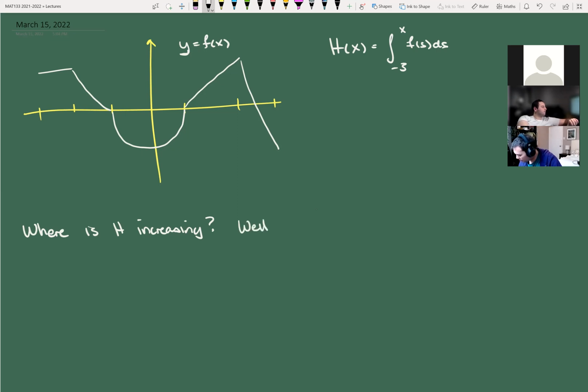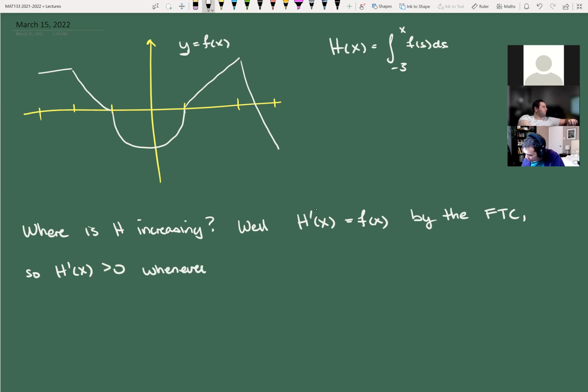We can say h prime of x is equal to f of x by the FTC. And so h will be increasing wherever f of x is greater than 0. So h prime of x will be greater than 0 whenever f of x is greater than 0.